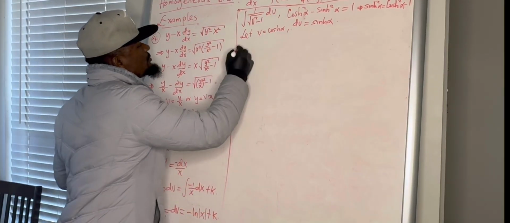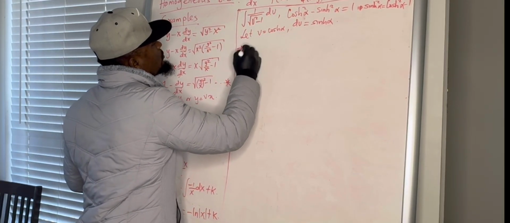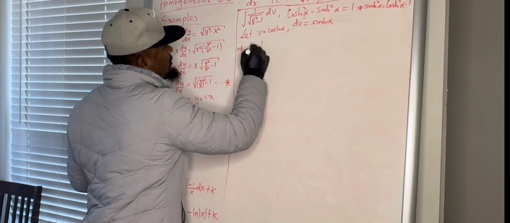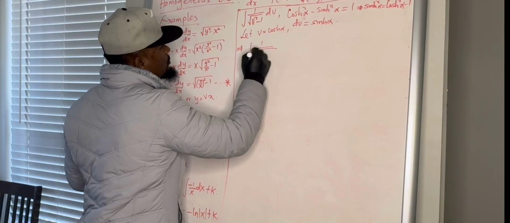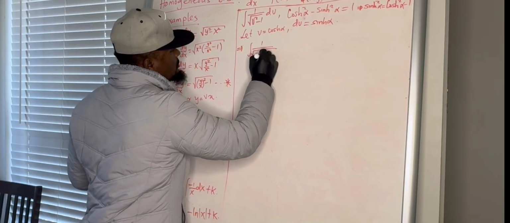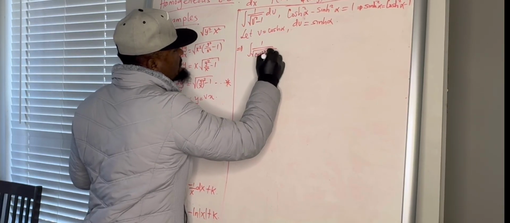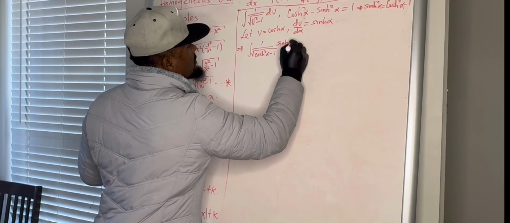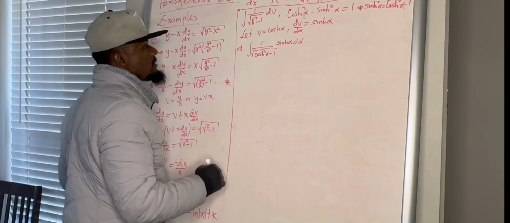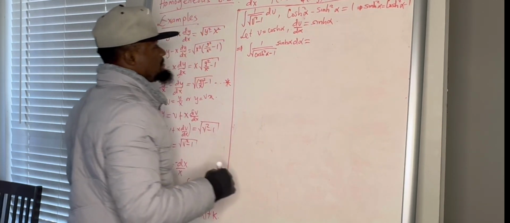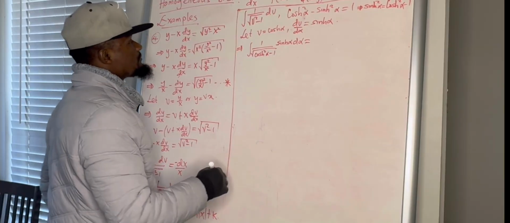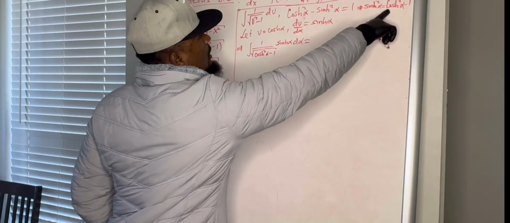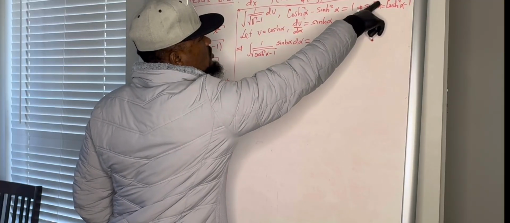Now, let's go ahead and substitute. This integral will become the integral of 1 divided by the square root of cosh squared alpha minus 1 times sinh alpha d alpha. And we know that cosh squared alpha minus 1 is giving us sinh squared alpha.